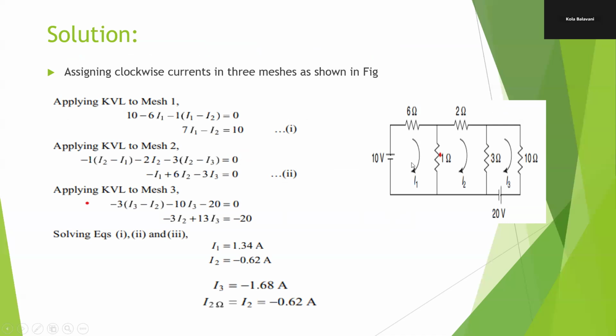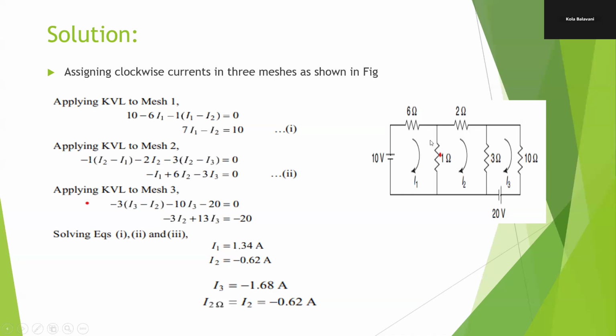The third step is to apply KVL to each mesh. Here I am applying KVL to mesh 1. The current is passing in the clockwise direction, entering this 10 volt source. This is the negative terminal and this is the positive terminal, so consider this 10 volts as positive. Here the current enters the positive terminal and leaves the negative terminal, so consider this as negative: minus 6I1.